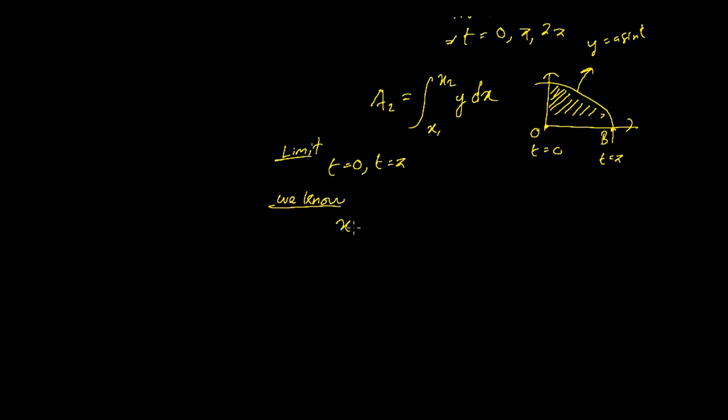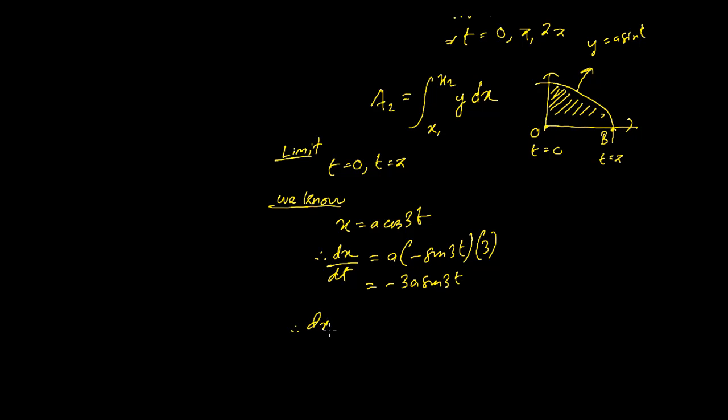Therefore the derivative of x, dx by dt, is a times minus sine 3t into 3. So this would be minus 3a sine 3t. Therefore the substitution of dx would be minus 3a sine 3t dt.